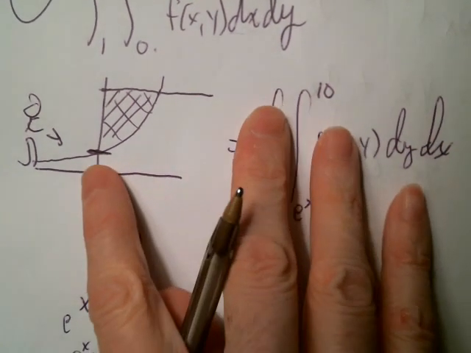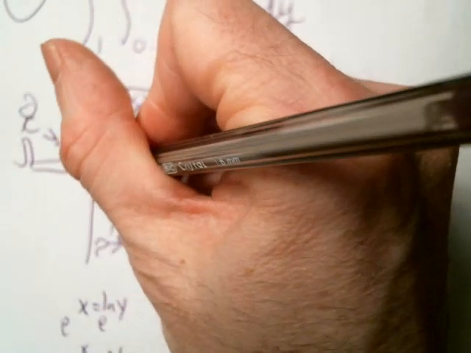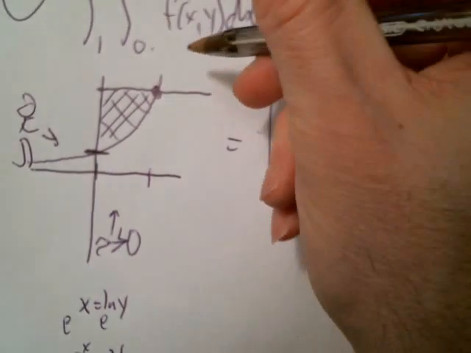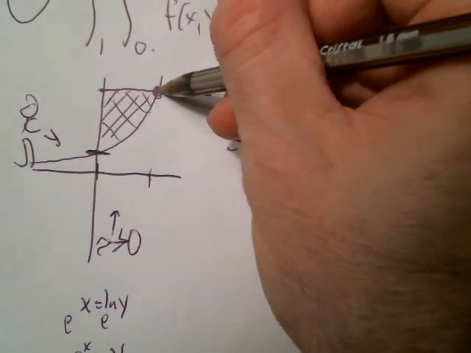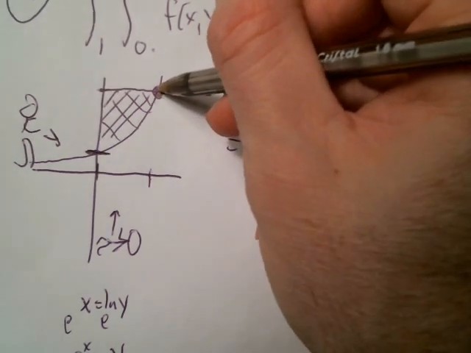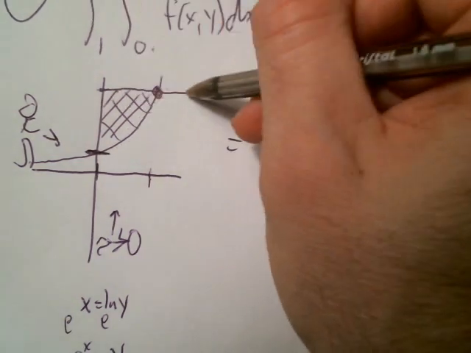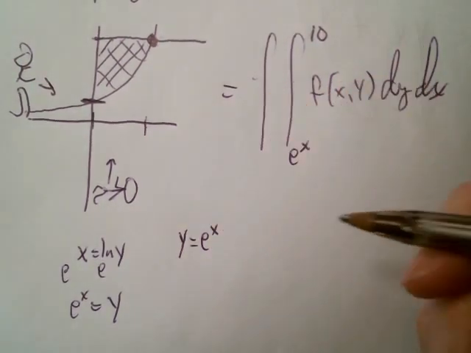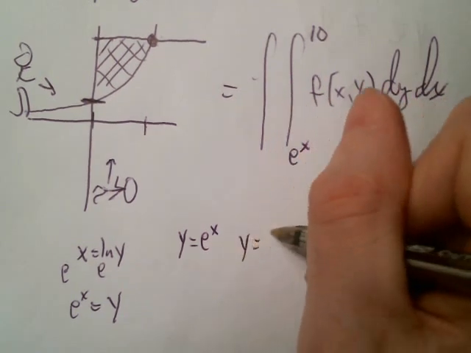And then the Riemann man on the x-axis is going from this point 0 to this point here, which is basically the x-coordinate of this intersection point. So to get that intersection point, you just take the intersection of the two curves. So one of the curves is y equals e to the x, and the other curve is y equals 10.